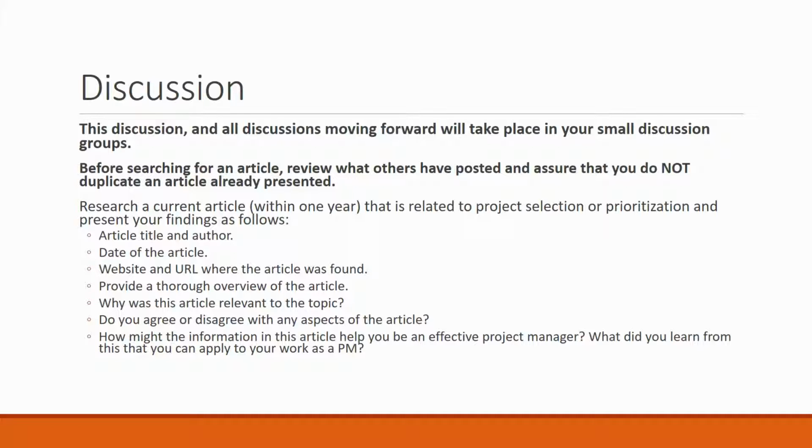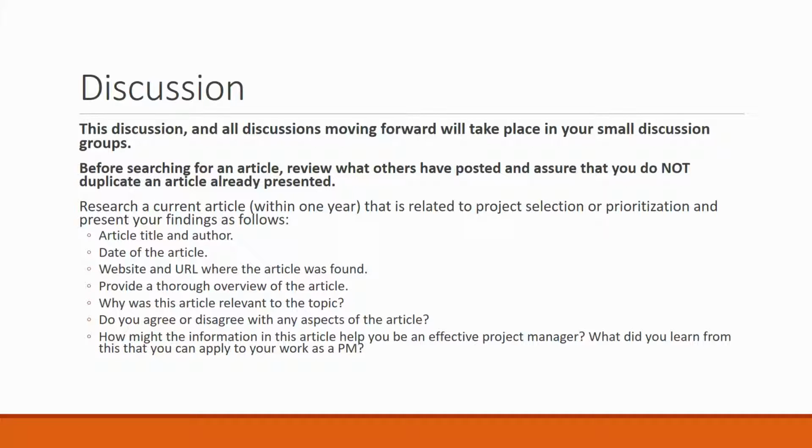If it's a couple of years old, don't worry about it, but you want it to be fairly current. You don't want to go back to 1996 and talk about Microsoft Project. You want a current article, and you want it to be related to project selection or project prioritization within the organization. Okay, your focus is on project selection or project prioritization.